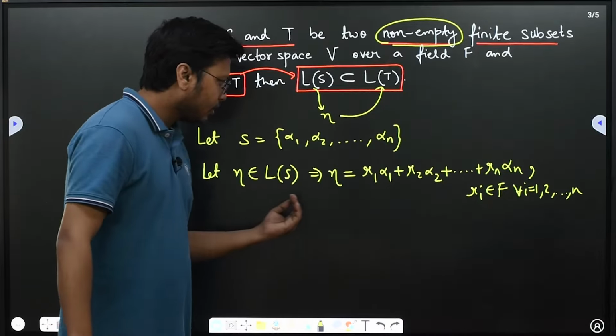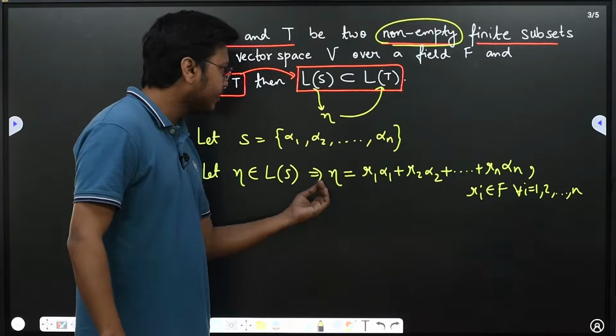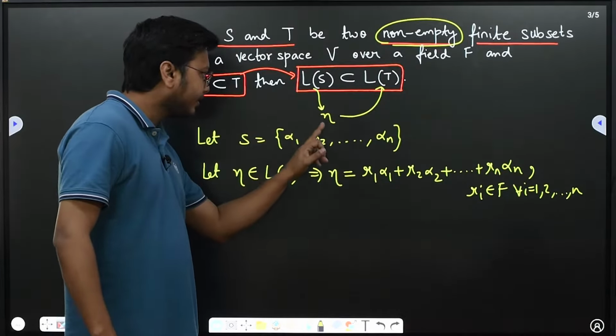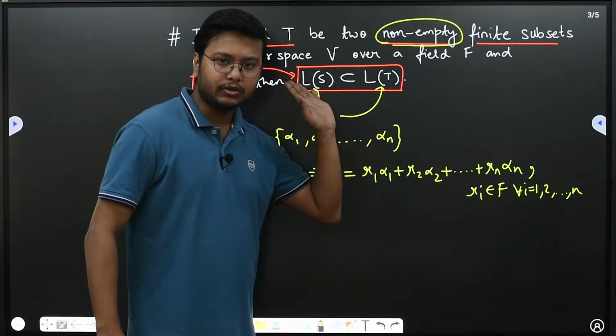So I have chosen a random element from the L of S set and I'm calling it eta. Now my target is to show that eta will also belong to the L of T set.